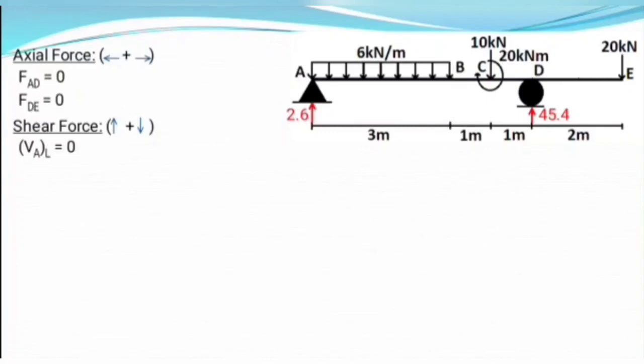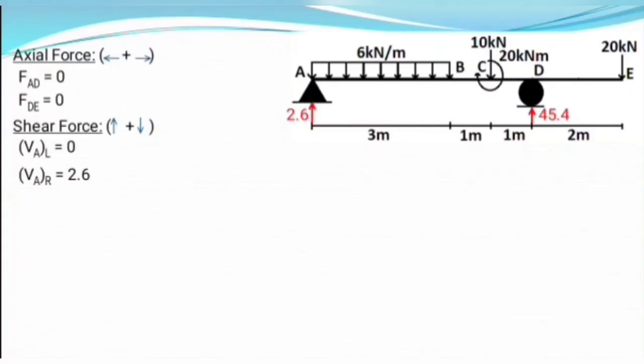Then we need to move to the second point, which is shear force at just right of A. So now we imagine ourselves at just right of A, and do summation of all the vertical forces on left of that point. On left of just right of A, there is only one vertical force, which is 2.6 kilonewton and acting in upward direction. So shear force at just right of A would be 2.6 kilonewton.